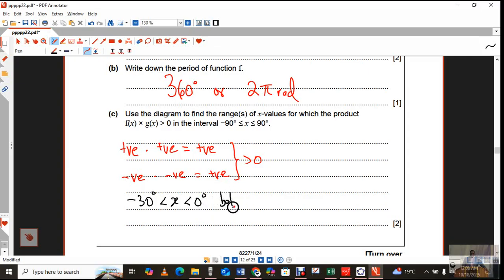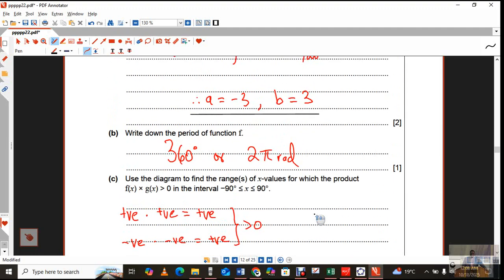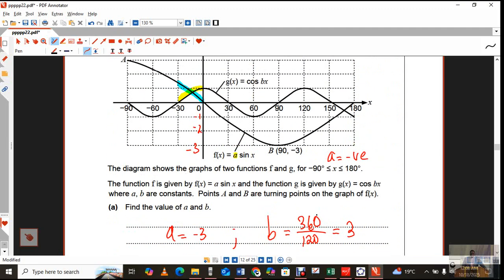Both of them are, I can say, above. They both are positive, above the x-axis. When things are above the x-axis, the functions are positive. Let's see where both of them are below the x-axis.